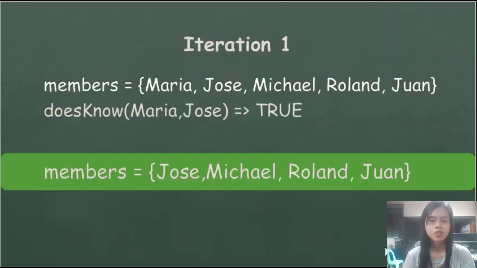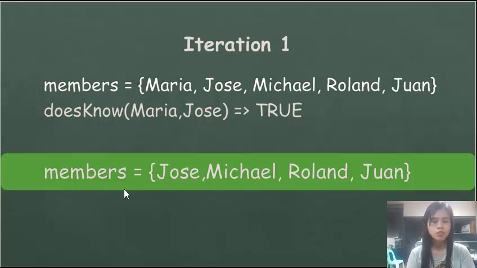So the first iteration, we pass Maria and Jose to the doesKnow function. We ask if Maria knows Jose. Maria knows Jose is true, so we remove Maria from the list.